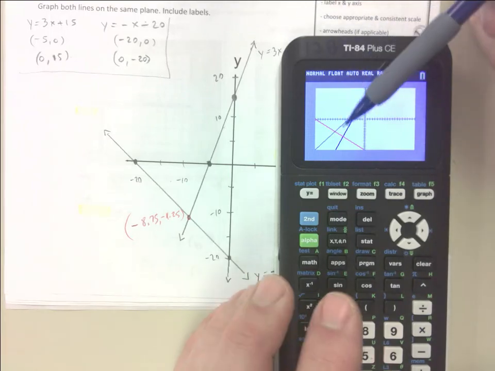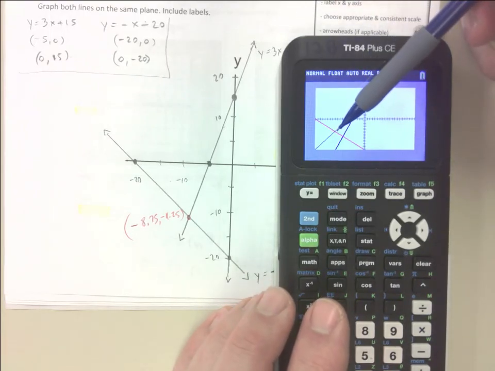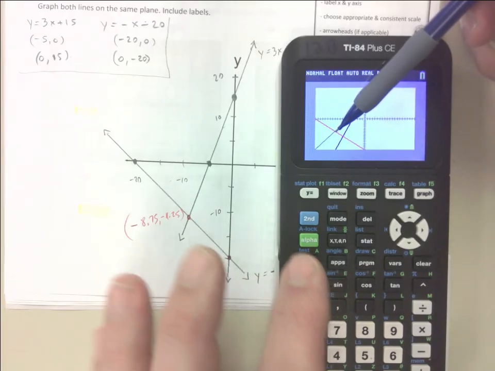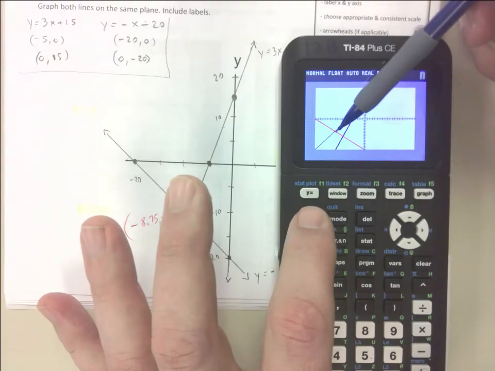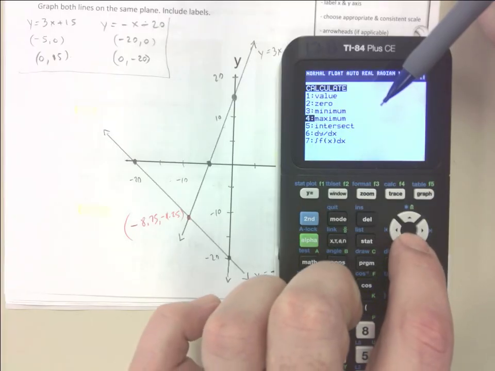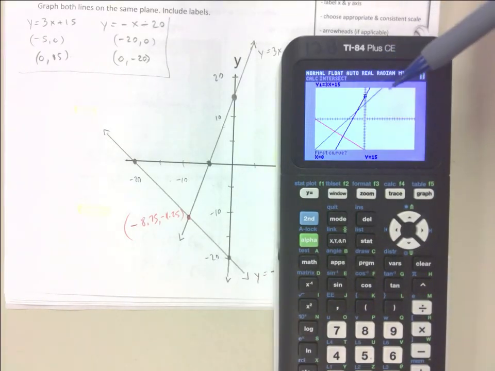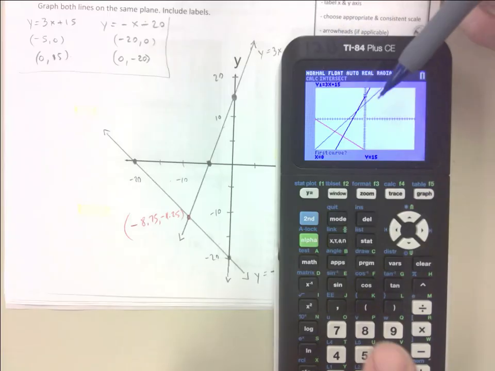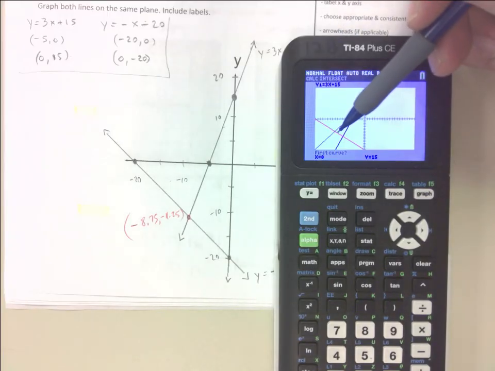So how would I find that point of intersection between the red and the black line? How would I do that? Follow me, please. Second trace, intersect, and now you can't just press enter 3 times just like that because you've got 3 lines going on, okay? If I want this one, we want to be on the black line and the red line, correct?